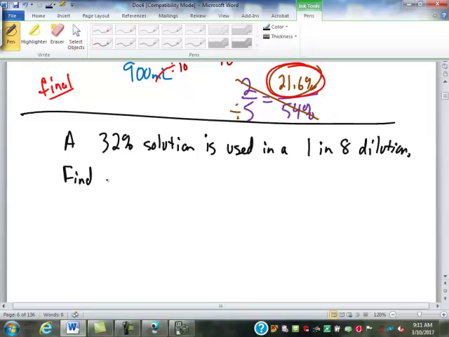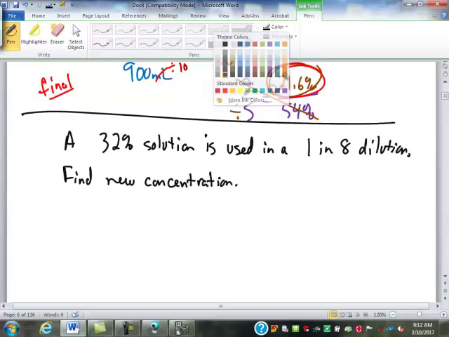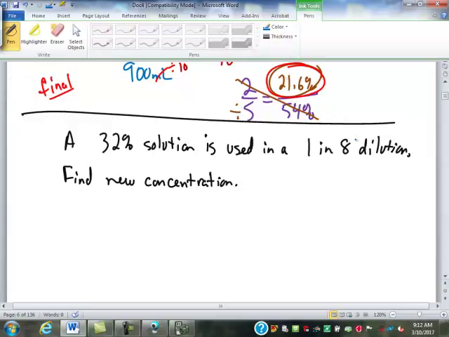Find the new concentration. Well, here we know that we have a 1 in 8 dilution.